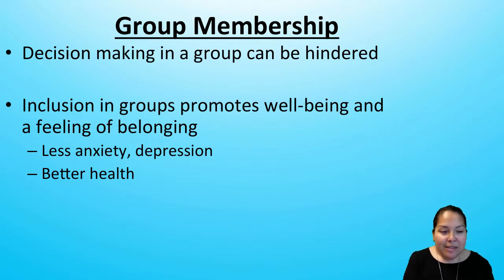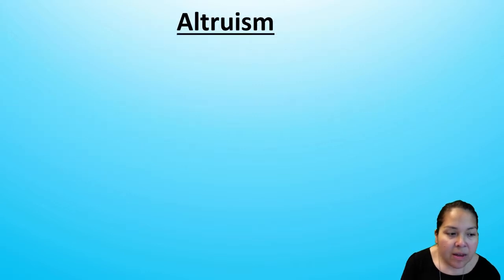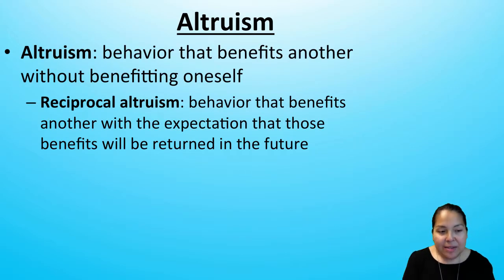On a lighter note, in examining the positive side of group membership, although there are some negatives, inclusion in a group may promote well-being and sense of belonging for an individual. Relatively recent research has examined altruism, or whether humans ever do anything nice without any strings attached. If you try and think of those who are self-giving and altruistic, we often think of policemen, firemen, and individuals serving in the armed forces.